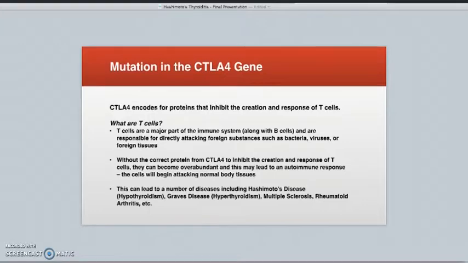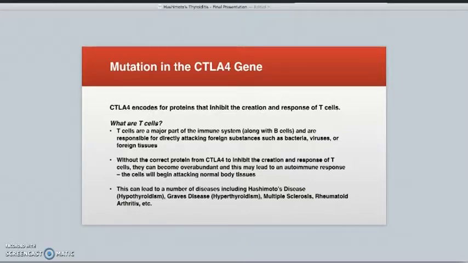They are the soldiers of the immune system. So the CTLA4 gene encodes a protein that will inhibit the creation and the response of T cells when it's not warranted. So without that protein, T cells can become overabundant, and this can lead to autoimmune response. It actually is involved with a number of diseases: Hashimoto's, Graves' disease, MS, rheumatoid arthritis, and so on.